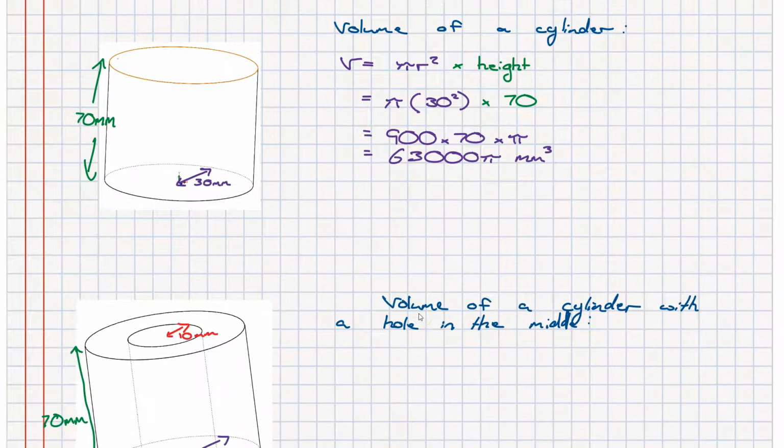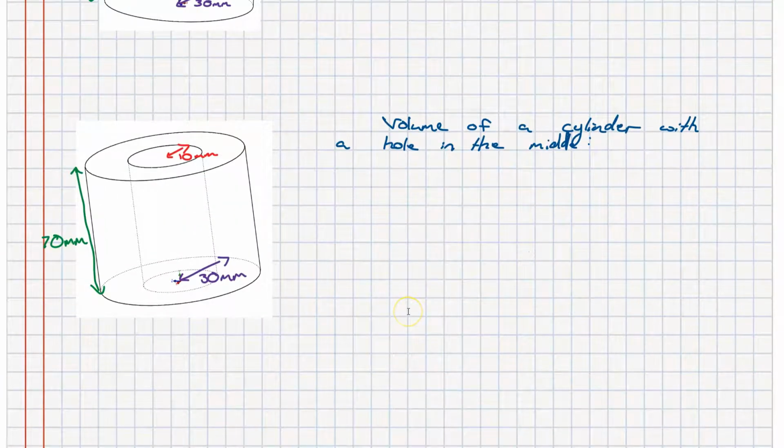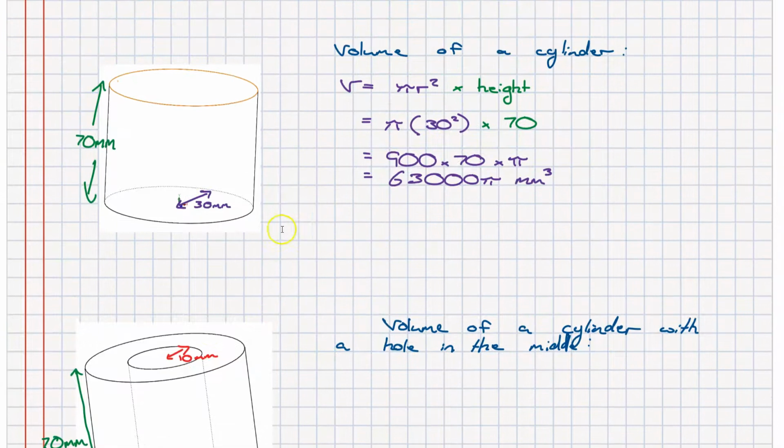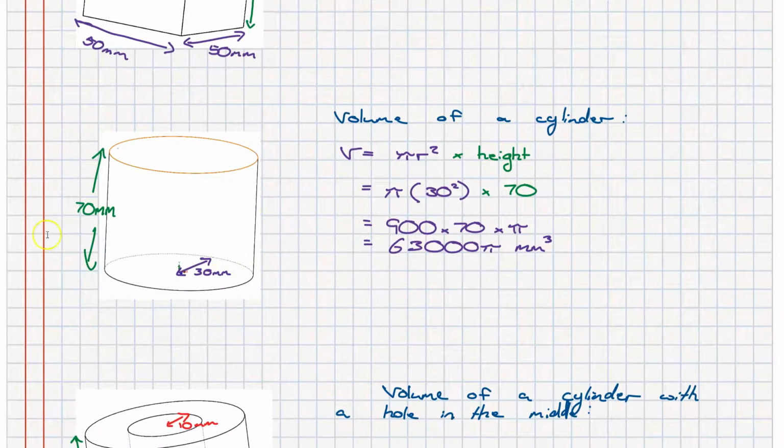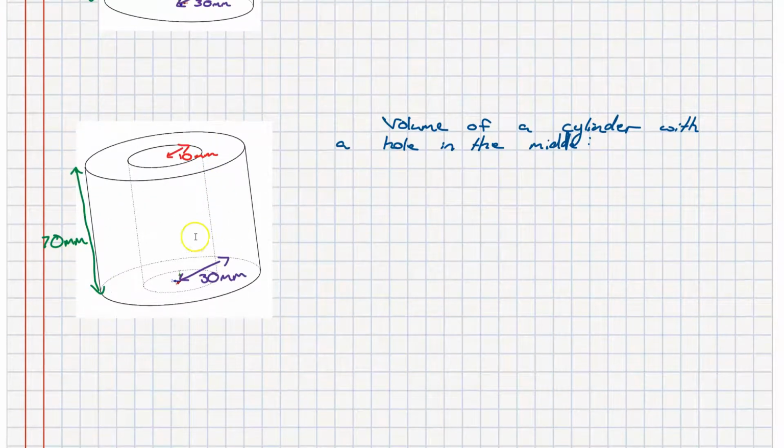All right, moving on. We have the volume of a cylinder with a hole in the middle, so effectively a piece of pipe. Now notice that the measurements above are similar to the measurements below here, except there's this hole cut in the middle with a radius of 10 millimeters.